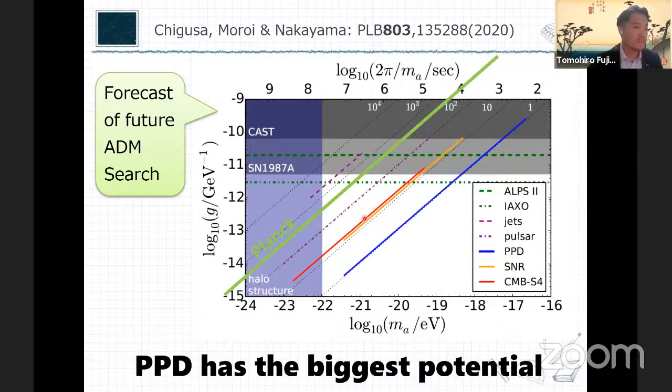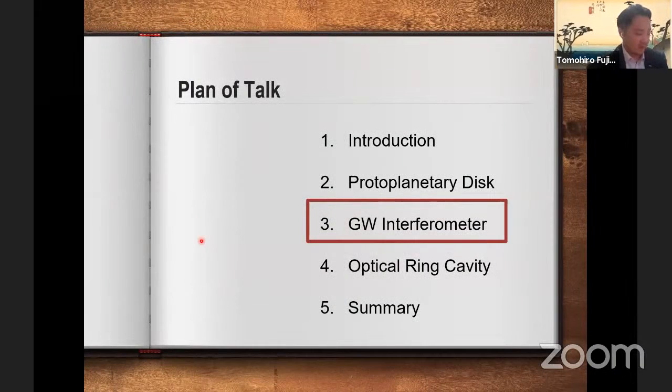They concluded that protoplanetary disk observation has the biggest potential, so it may achieve the best sensitivity in the future. Motivated by that, I am also doing additional research in this direction. Okay, that is the first part of my talk.